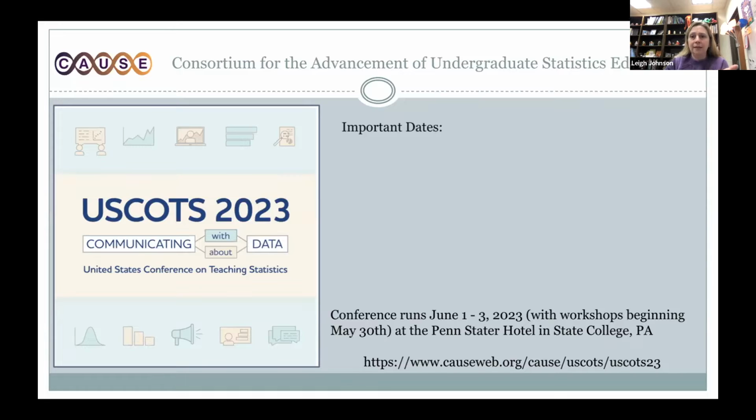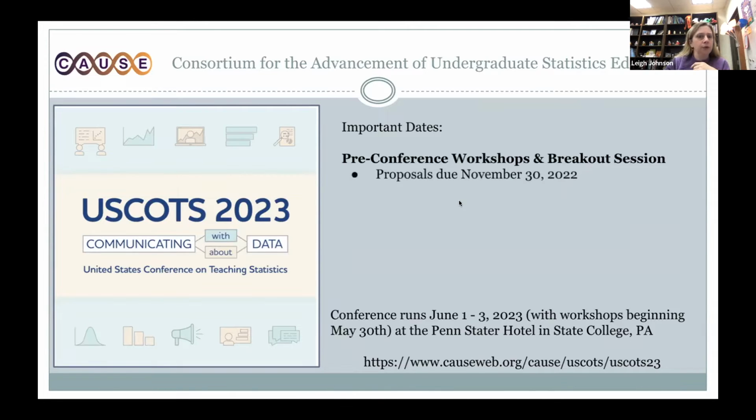Couple important dates that are, at least one that's coming up. If you are planning to propose a pre-conference workshop or a breakout session, that proposal is due November 30th. If you are planning to do posters and beyond, those proposals, if you want feedback on your abstract, are due January 29th.